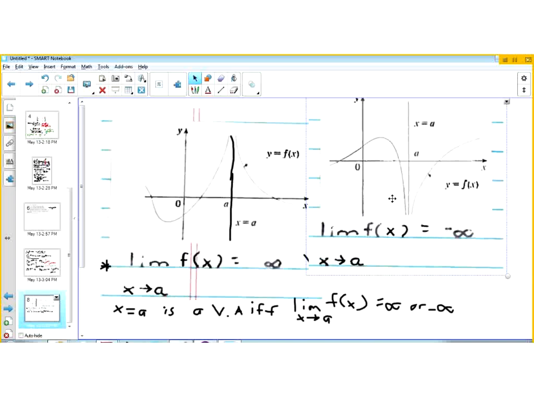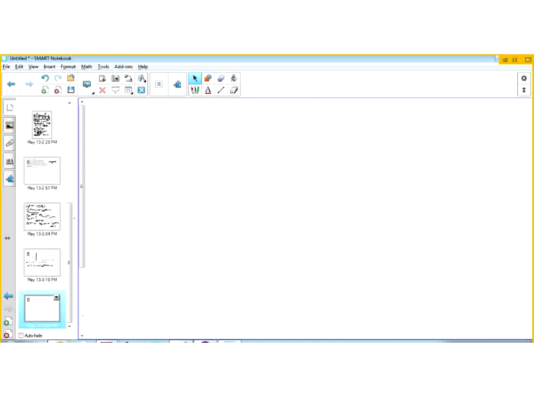As x approaches a from either side, the output goes to minus infinity. And so x equals a, again, is a vertical asymptote. All right. There are other examples of vertical asymptotes. You don't need two-sided limits to have the presence of a vertical asymptote. There are some strange cases where a one-sided limit is sufficient for the presence of a vertical asymptote.